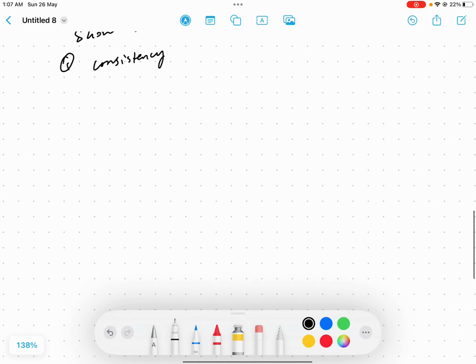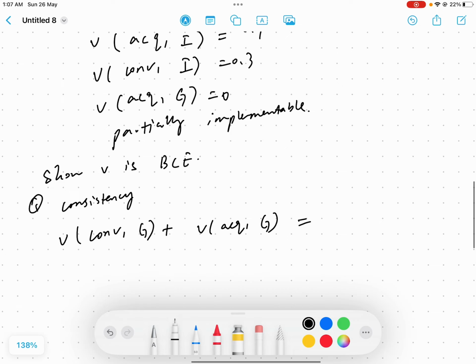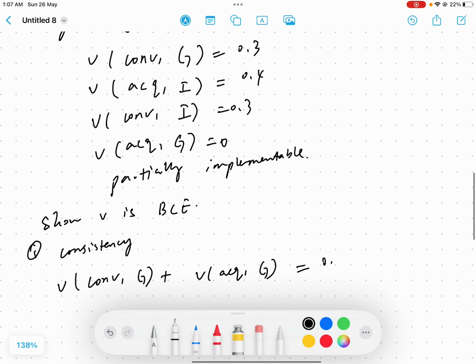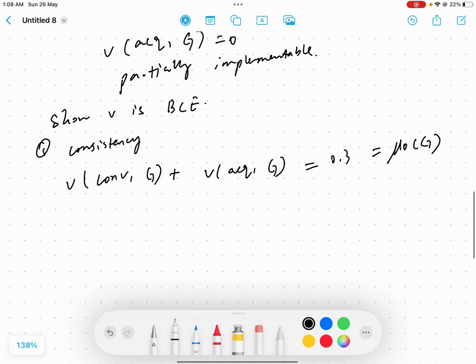So the first thing to check is the consistency. Consistent means that the marginal distribution equals the prior, right? So V of convict given G plus V of acquit given G is just 0.3, and of course, recall that our prior of big G is 0.3.